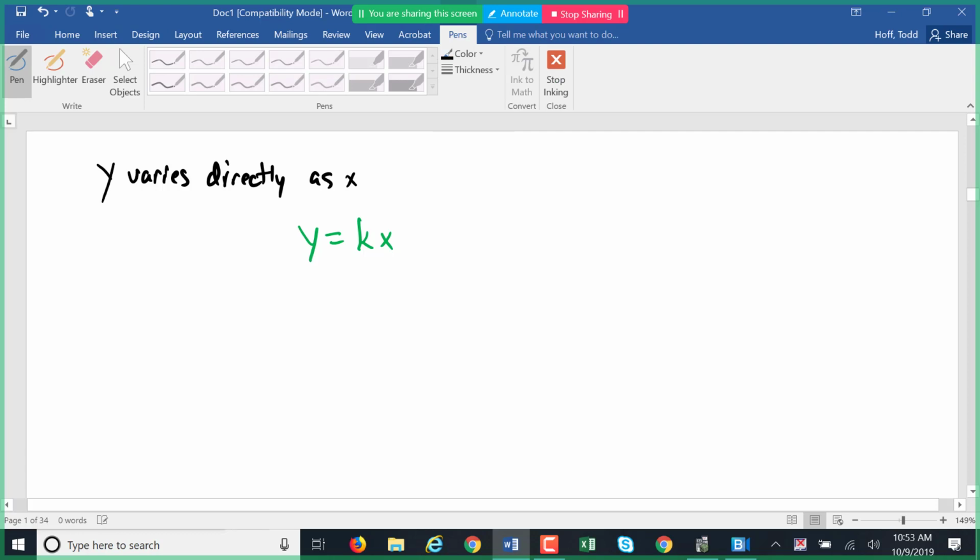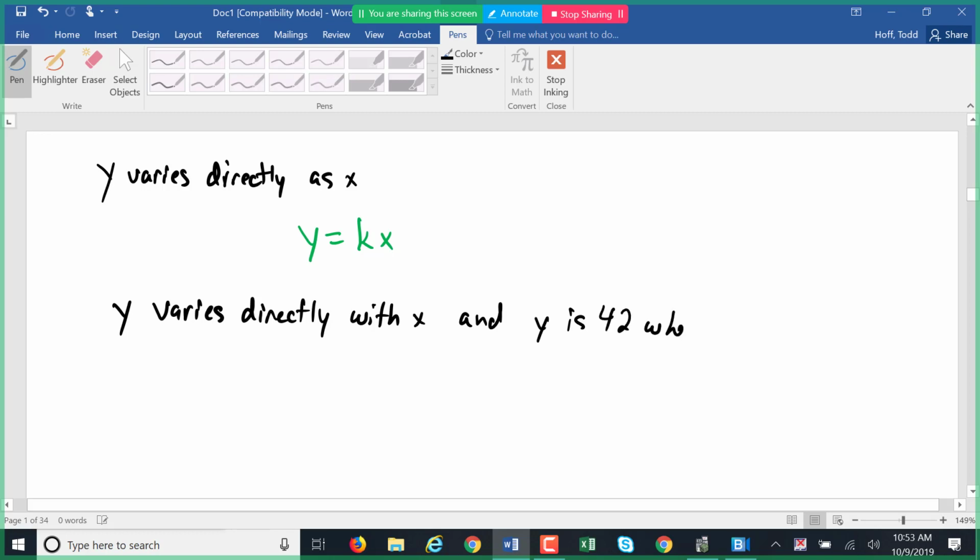If I say y varies directly with x and y is 42 when x is 14, now we have even more information.